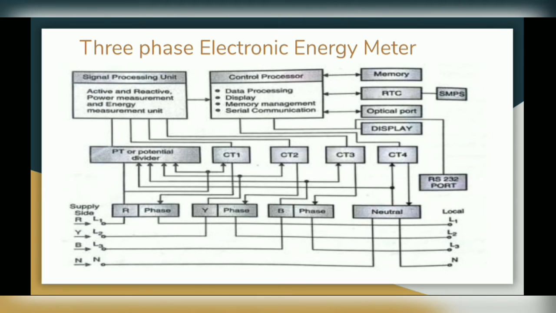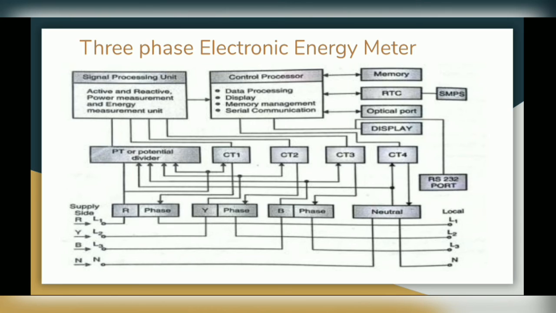Next is the three-phase electronic energy meter. So this is the block diagram of the three-phase electronic energy meter. In this you can see there is a signal processing unit, active reactive power measurement and energy measurement unit. There is a control processor, data processing, display, memory management and serial communication.